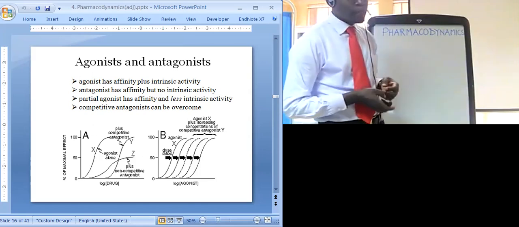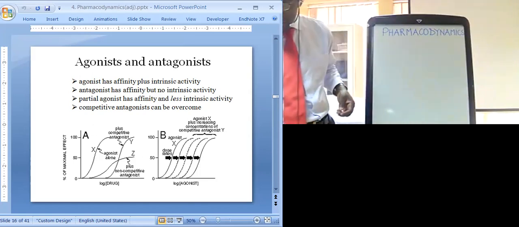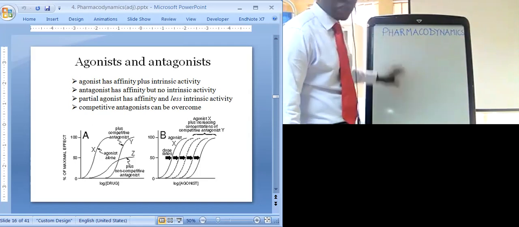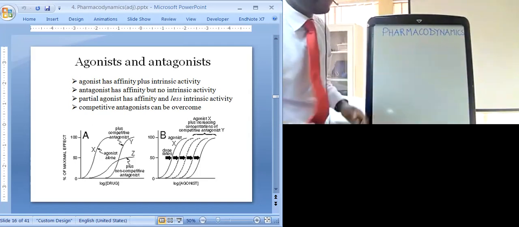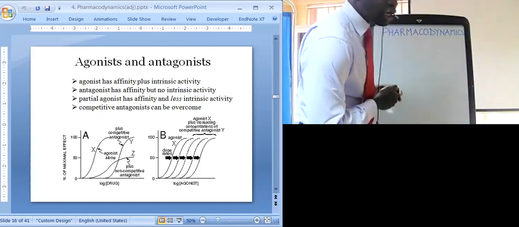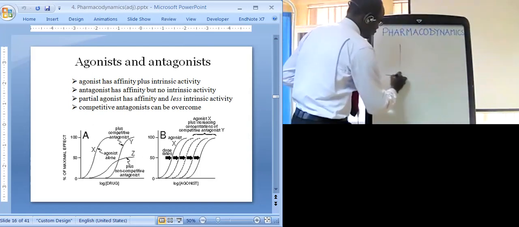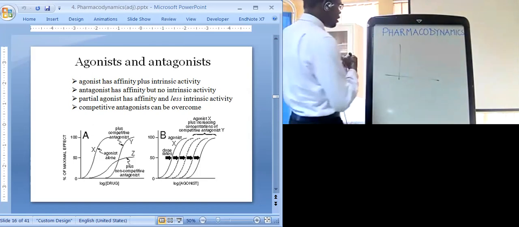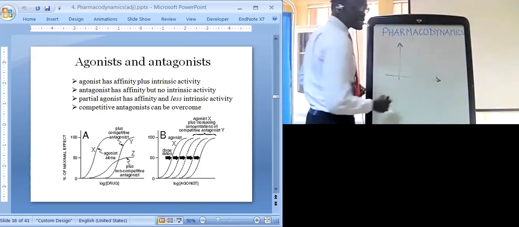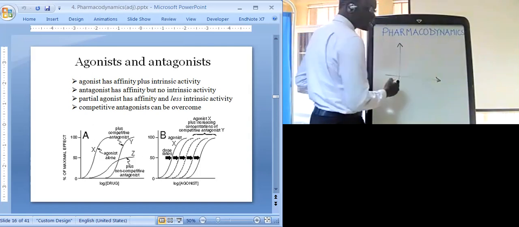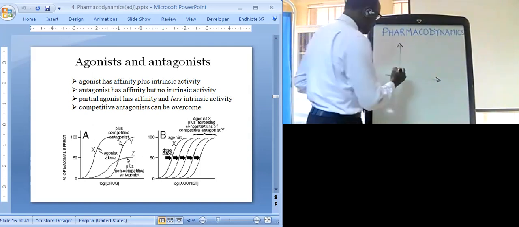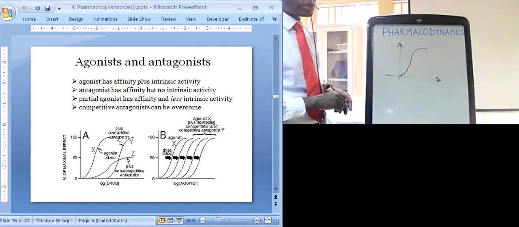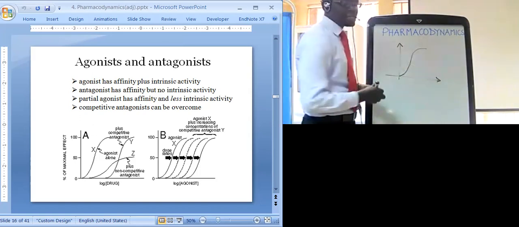If you can see that graph there, if you draw a log of concentration of a drug versus the percentage of maximum effect, you have a chart like that, and it basically goes like that.